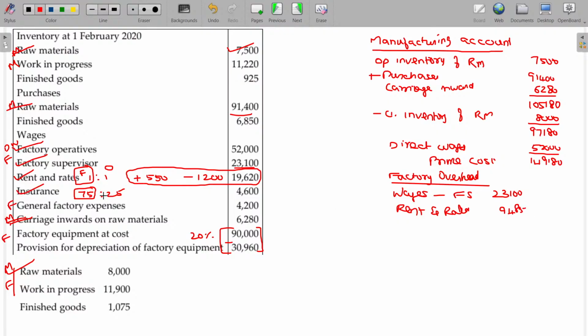In case of insurance, 75% of this will be transferable, 3,450. General factory expenses, this value being 4,200.